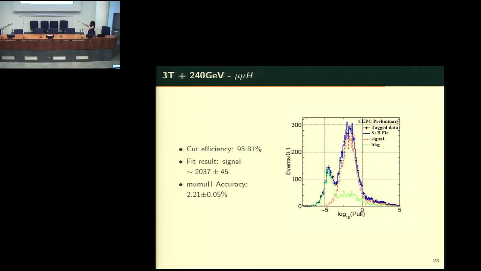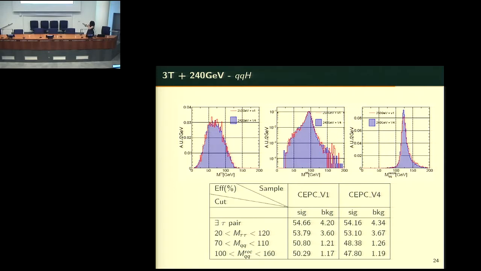And this is because, for some reason, the distribution of the impact parameter is sharper than in 3.5 Tesla, and this is still under study. And here is the distribution of the parameters used in the QQ Higgs channel, as well as their cut efficiency for each step.